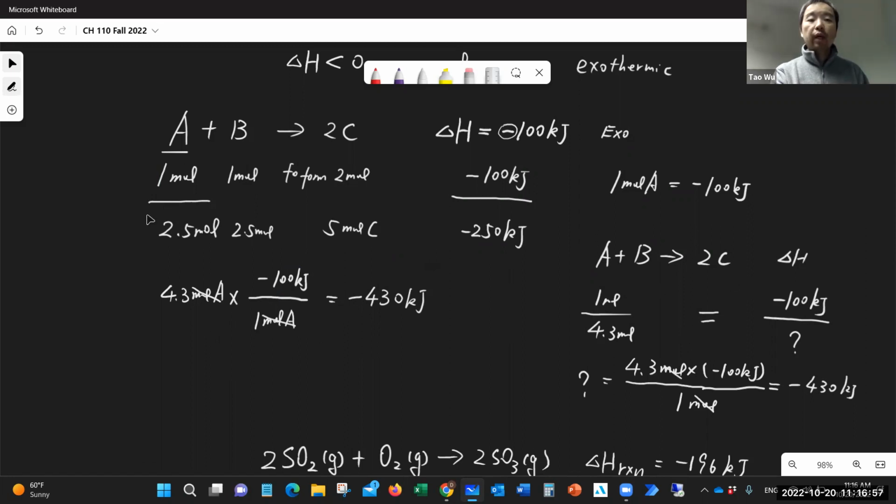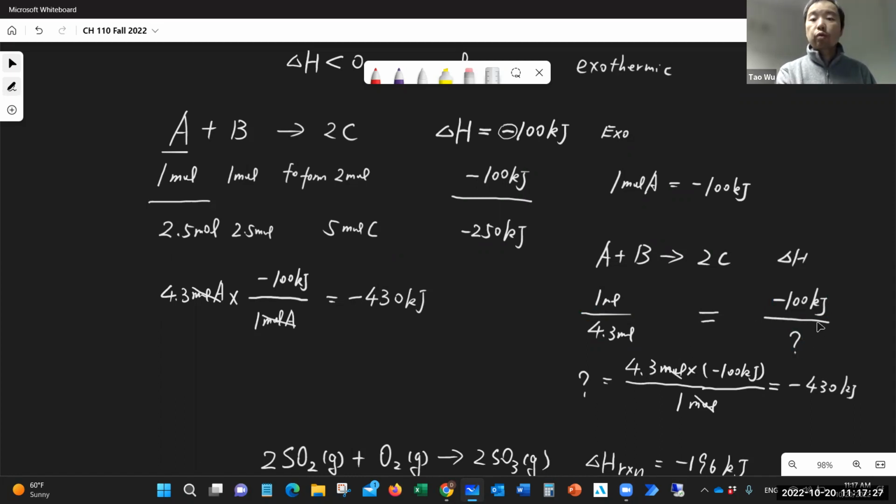For example, if we have 4.3 moles of A, how much heat can we produce? The setup is based on what we know: 1 mole of A will produce negative 100 kilojoule of heat. Now we have 4.3 moles, how much heat can we produce? The ratio, 1 mole of A versus 4.3 moles of A, should be equal to the ratio negative 100 kilojoule versus the question mark.